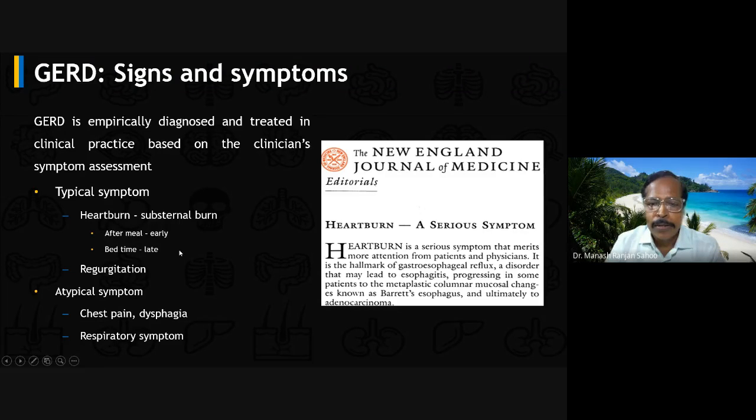In the New England Journal of Medicine, an editorial gave an excellent idea about heartburn: Heartburn is a serious symptom that merits more attention from patients and physicians. It is the hallmark of gastroesophageal reflux, a disorder that may lead to esophagitis, progressing in some patients to the metaplastic columnar mucosal changes known as Barrett's esophagus, and ultimately to adenocarcinoma.